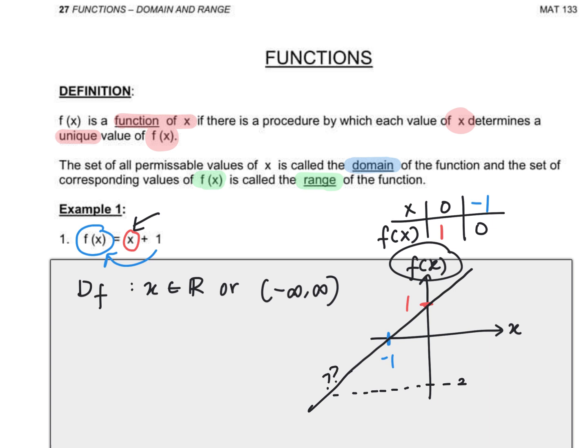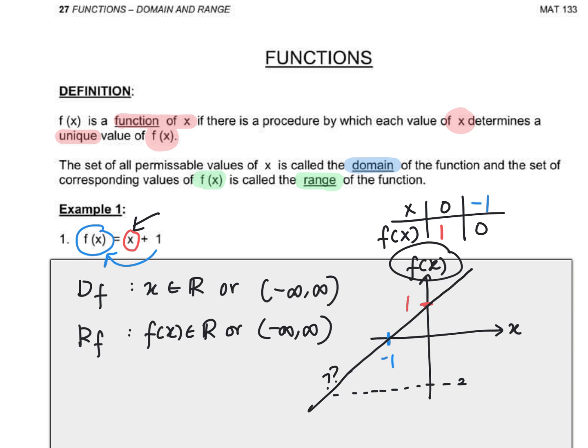So that shows that the range of f also equals the real numbers. The elements of f(x) should be elements of the real numbers. So it can also be written as negative infinity to infinity.